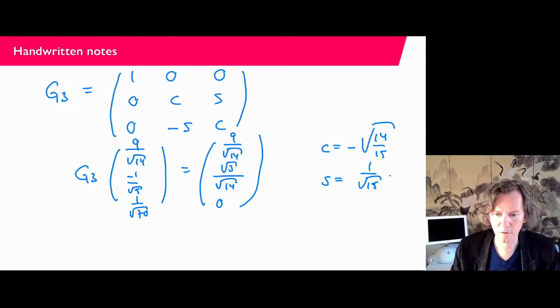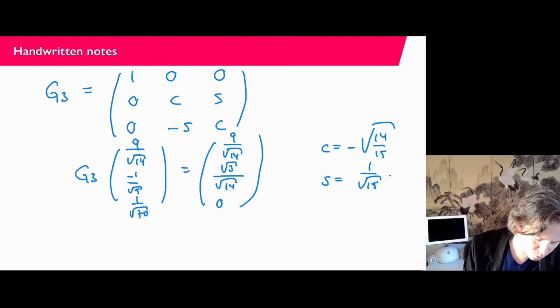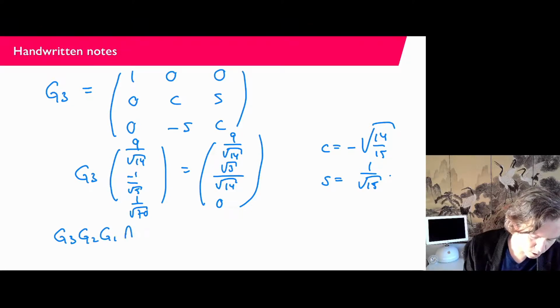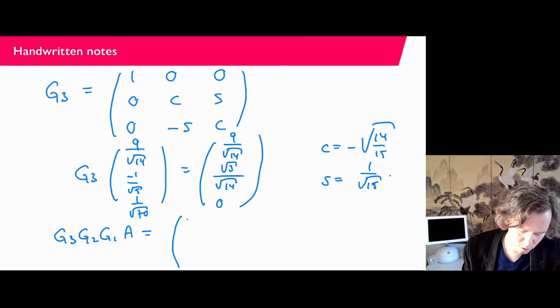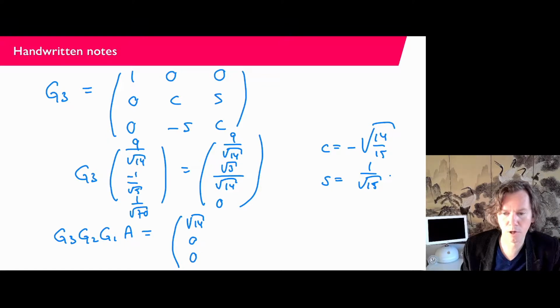Then finally, if you would now compute G3, G2, G1a, you will find an upper triangular matrix. So what you find is square root of 14, 0, 0 by construction.